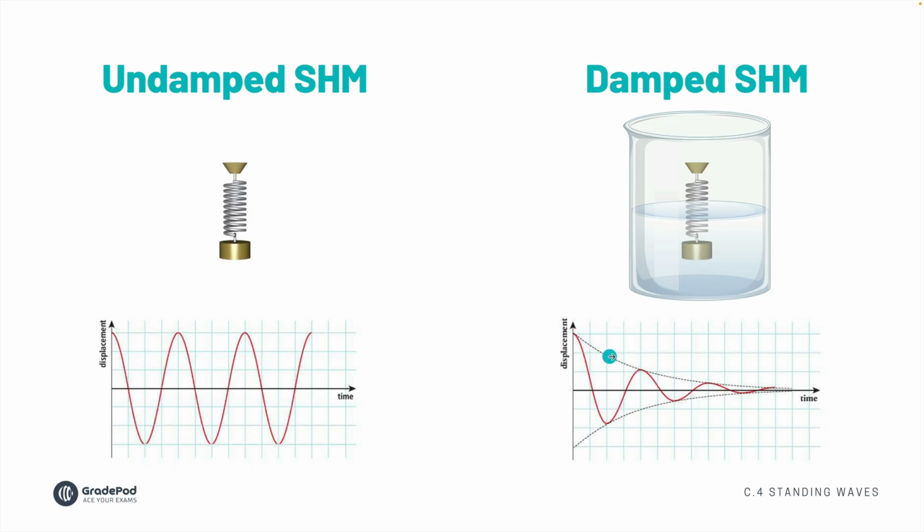So this dotted line, if you were to plot the equation of the line, would be an exponential decay. Obviously, if we had a very viscous liquid in here like honey, then this exponential decay would decay faster. If we used the damping material as just air rather than a vacuum, then this exponential decay would take longer to decay. It would be less severe.